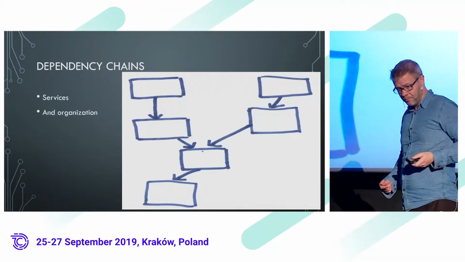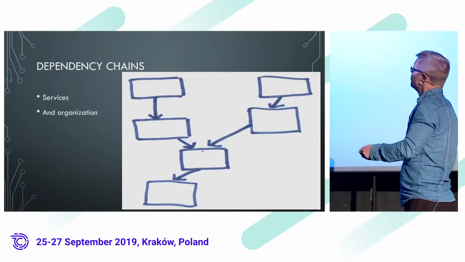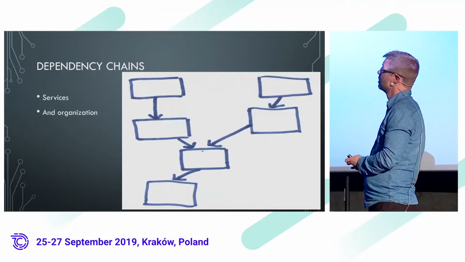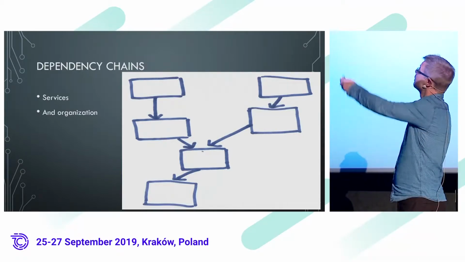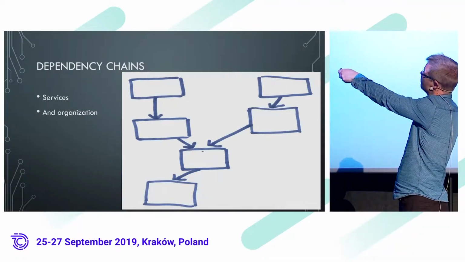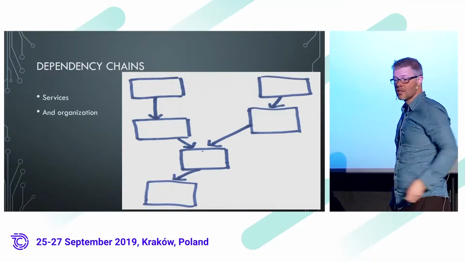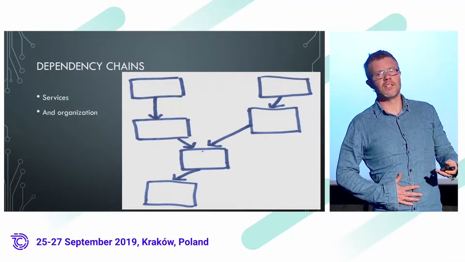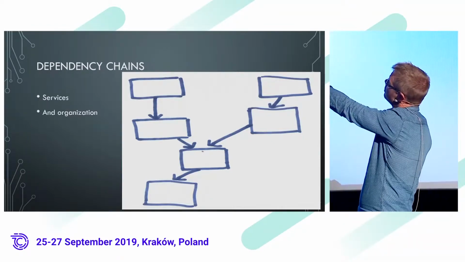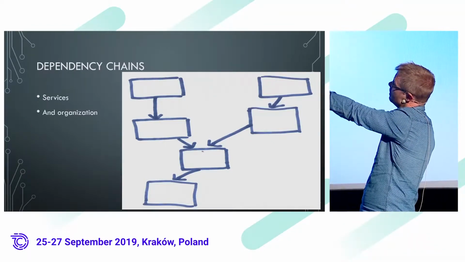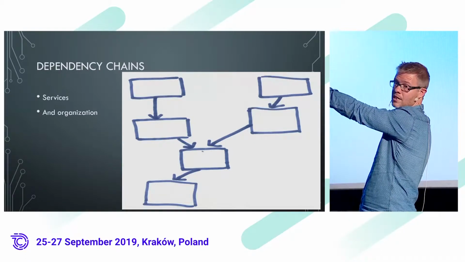Now, if the arrows are dependencies, if the arrows mean that the top one is a service that calls something in that service, and this one needs something from this service, that also means that the team developing this needs something from these guys.